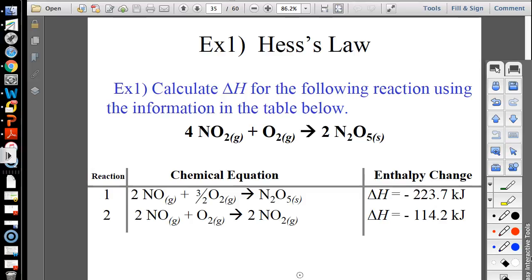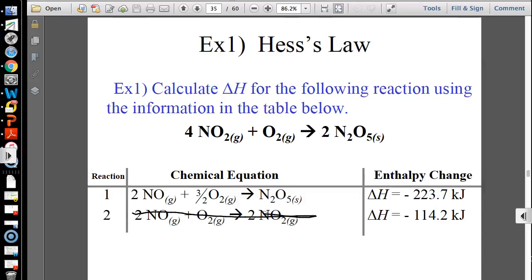What I do when I do these, I know on the reactant side I need some NO2. I don't have any NO2 on the reactant side. So I know right now, before I even start, that this second reaction has to be reversed. There's no way to get around it, okay? So I'm going to go ahead and rewrite that one. And then also, how many NO2s am I going to need?